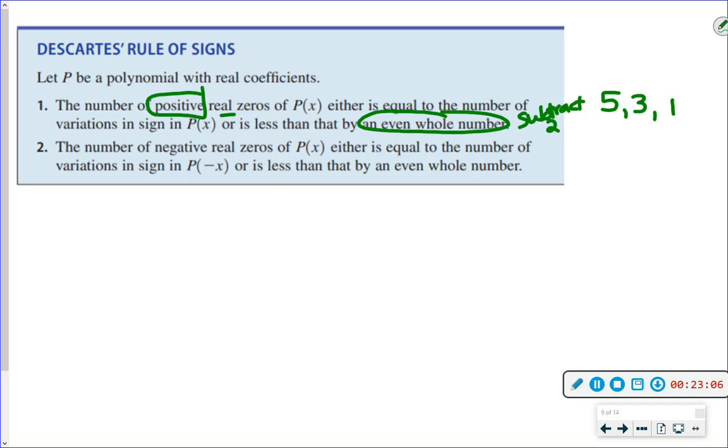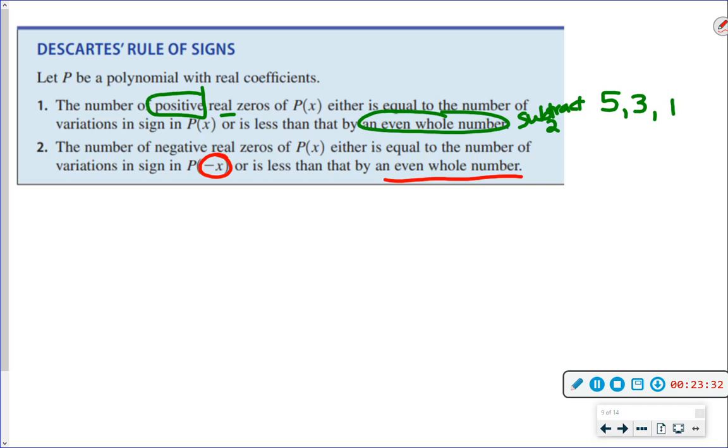I'm not going to try negative. Now, if you want to know how many negative potential answers there are, it's kind of the same thing, but you have to first replace the x's with a negative x, simplify of course, and then count your sign changes, and of course subtract 2. So it's helpful because it helps whittle down your list, so to speak, so you can maybe make some better guesses.